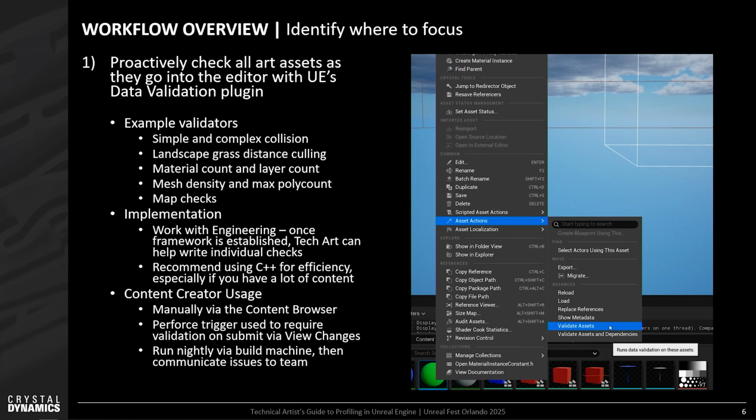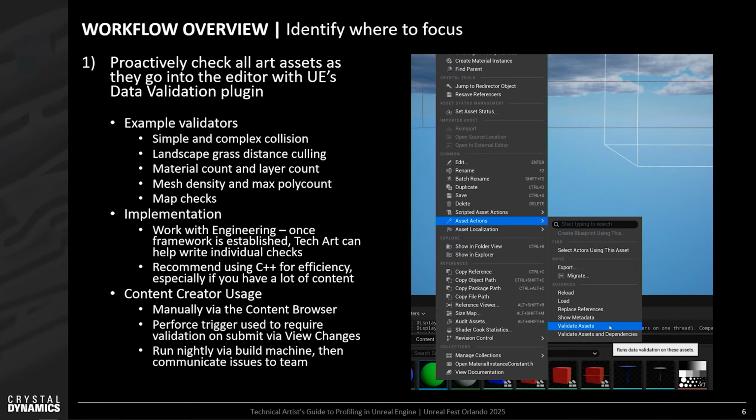On the content creator side, it's really easy, and there are a couple different options for using validation. So first of all, you can manually run it through the content browser, but we've also added a customization, a Perforce trigger that's used to require validation on submission via view changes.